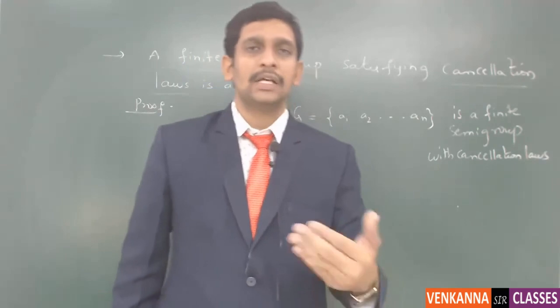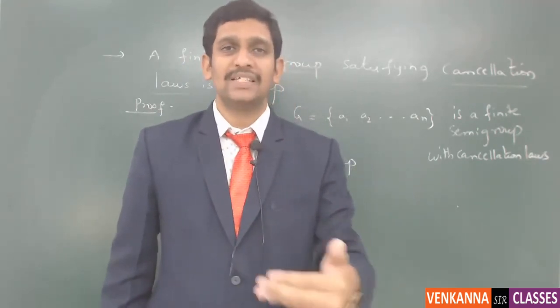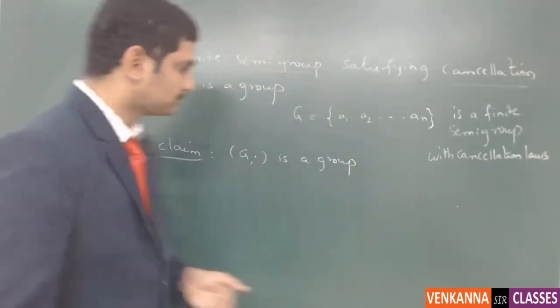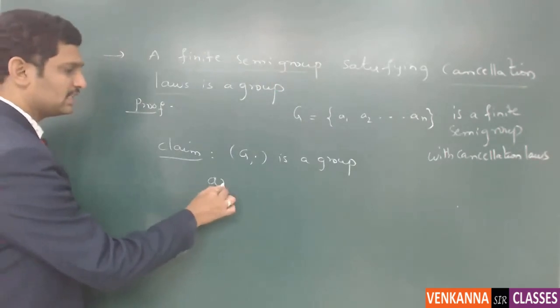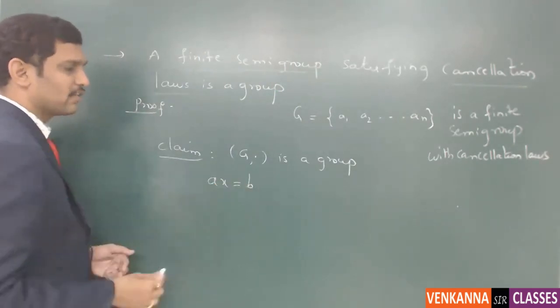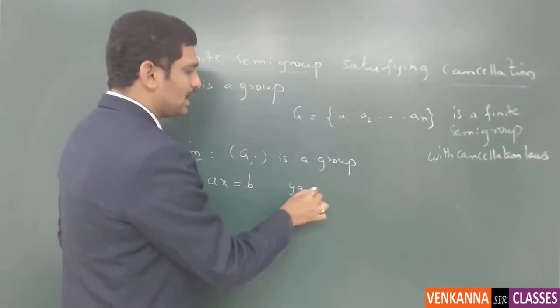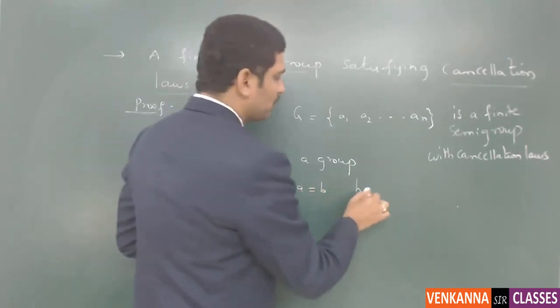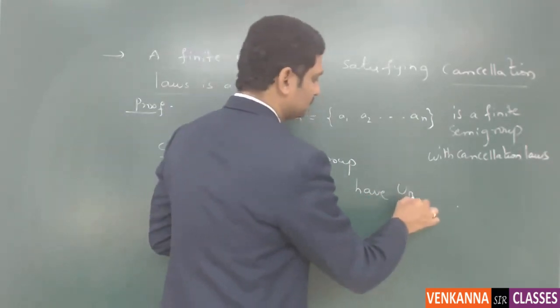Right. So apart from proving that the properties identity and inverse hold in that set, I prove, based on the previous discussion, that the equations ax equal to b and ya equal to b have a unique solution.